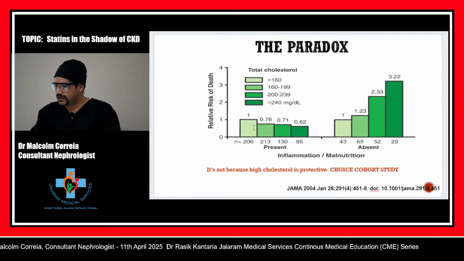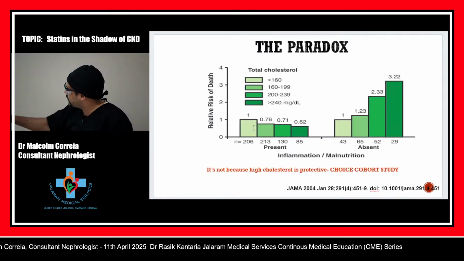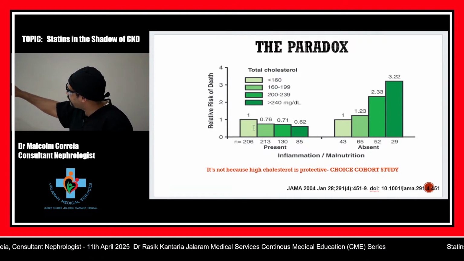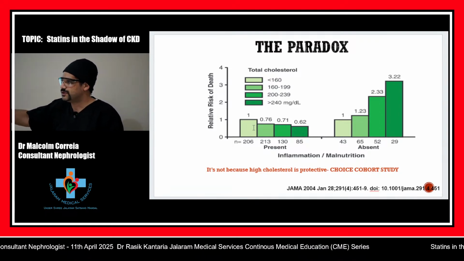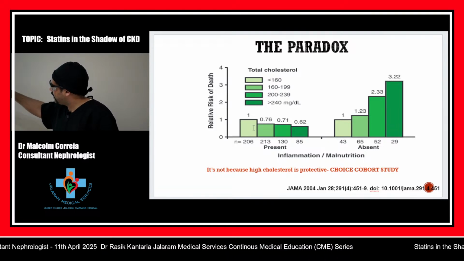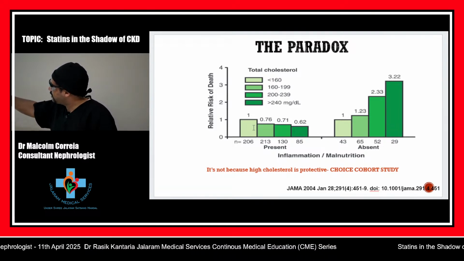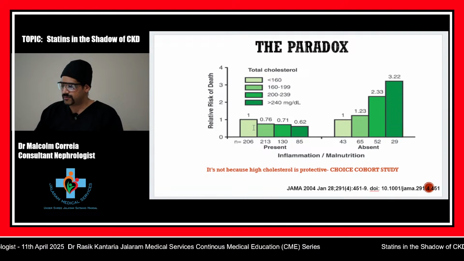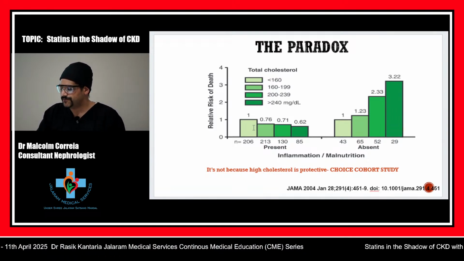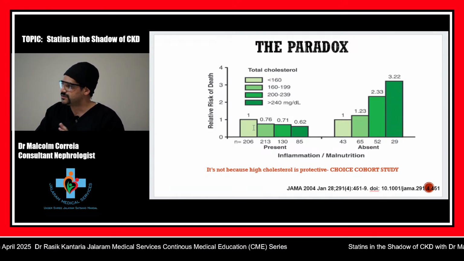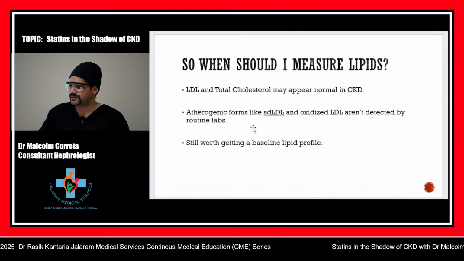And this shows you that you have lower cholesterol levels as the ages go up, and yet there's still a problem of nutritional deficiencies as well as chronic inflammation in those patients.